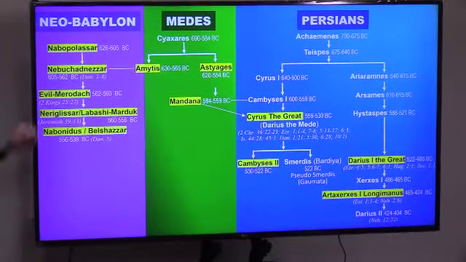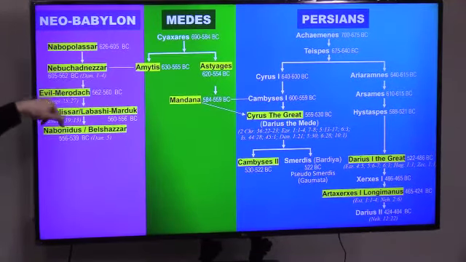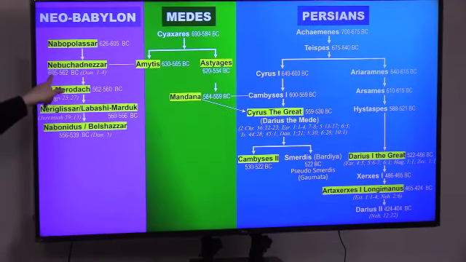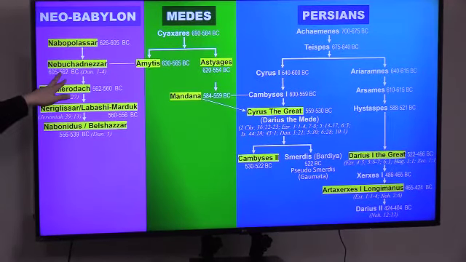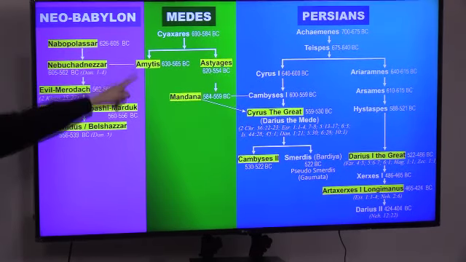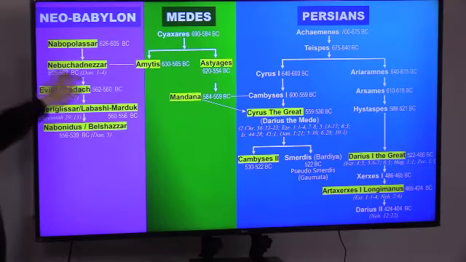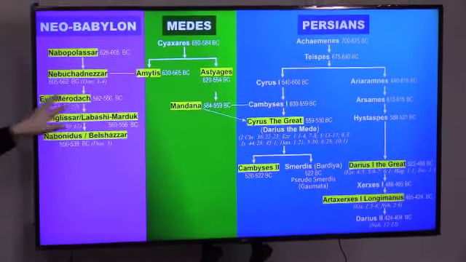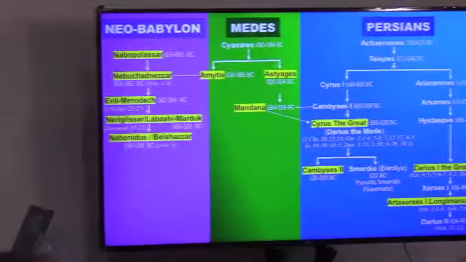So there was an alliance between Neo-Babylon and the Medes, and the reason that came to be was because Nabonidus decided to marry Prince Nebuchadnezzar to Amytis, who was the daughter of Cyrus. Okay? So because of this alliance, they were able to destroy the Assyrians.